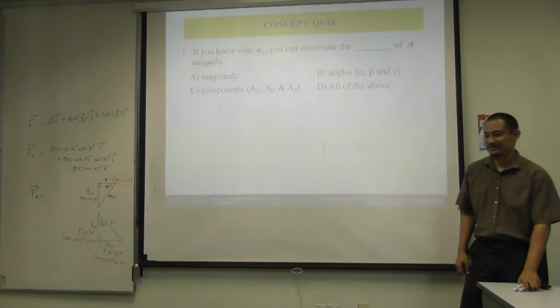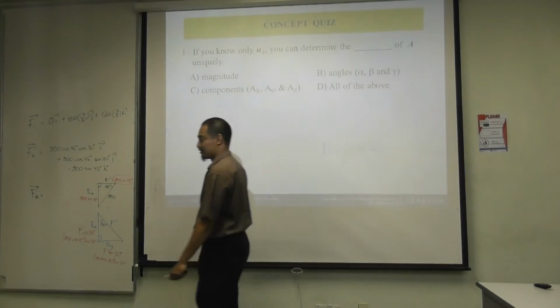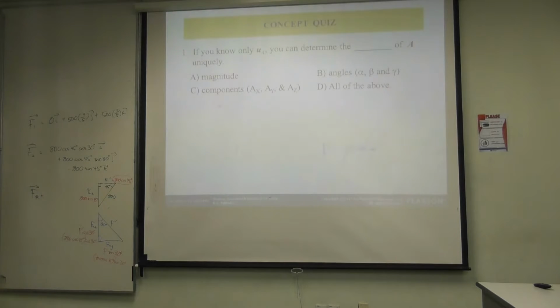B. What is the answer? D. E. A, magnitude. C, alpha, beta, gamma. A_x, A_y, A_z. Do you understand the question?